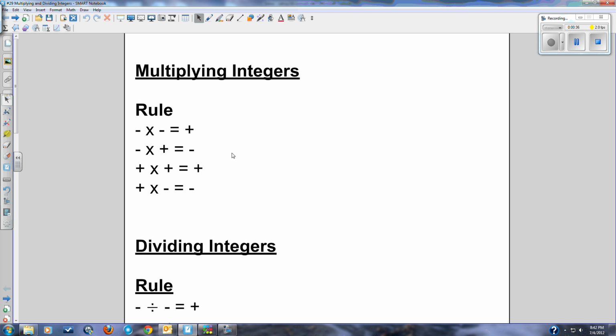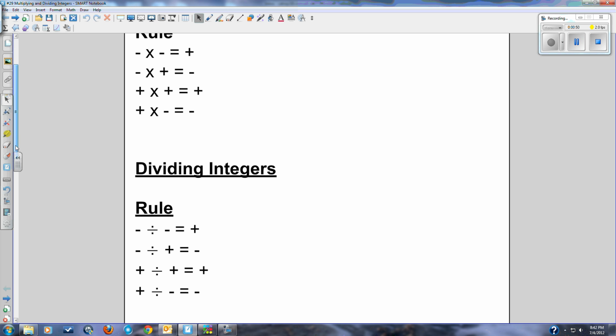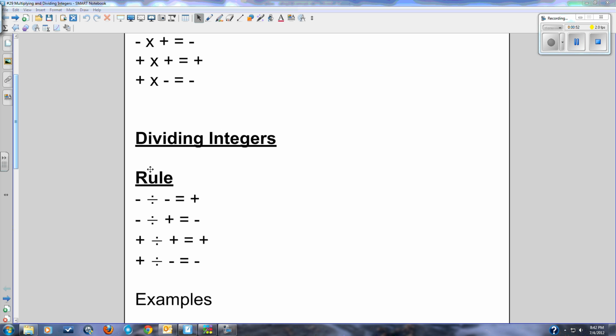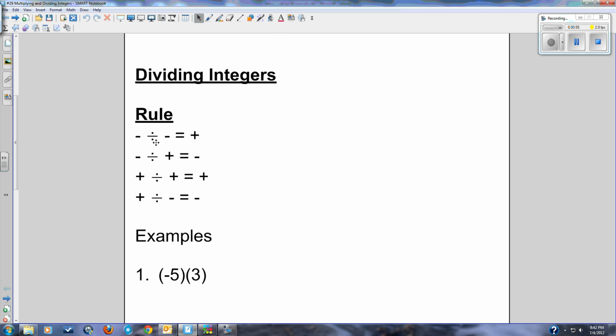Basically, if you're multiplying two numbers together and they both have the same sign, the answer is positive. If you're multiplying two numbers together and the signs are different, the answer is negative. We have really similar rules for dividing. A negative divided by a negative is a positive.